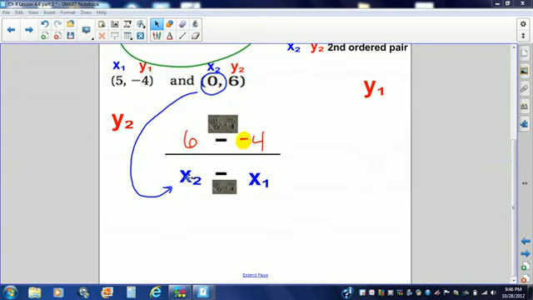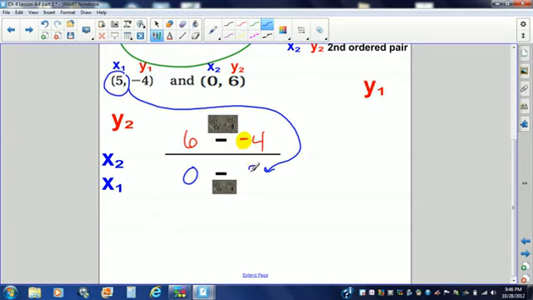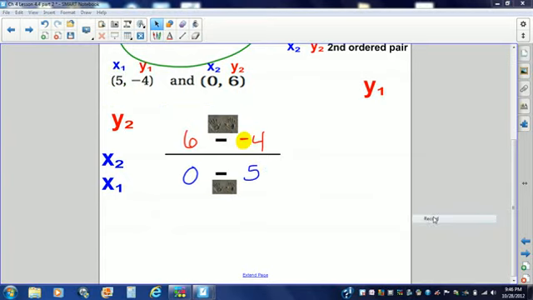Next thing I'm going to do, take out x2, substitute, put in 0. Next thing I'll do, take out x1, put in 5. Now, I notice right here that I have 2 negatives in a row.